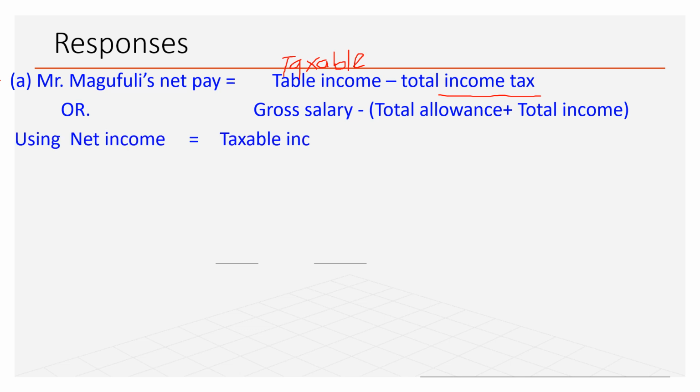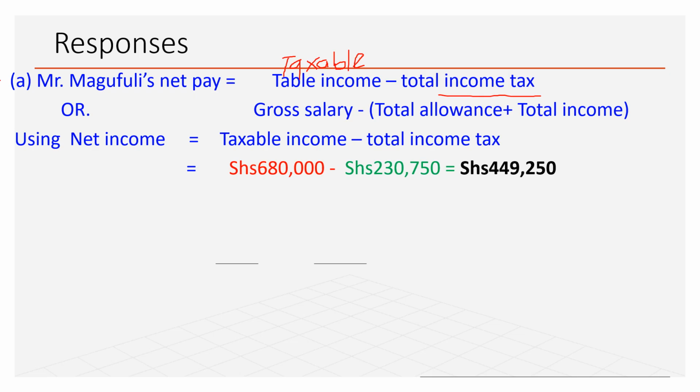So using the taxable income minus total income tax, that gives us 680,000 minus 230,750 shillings, and that will give us a total of 449,250 shillings.